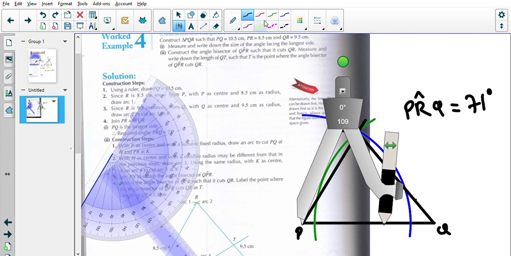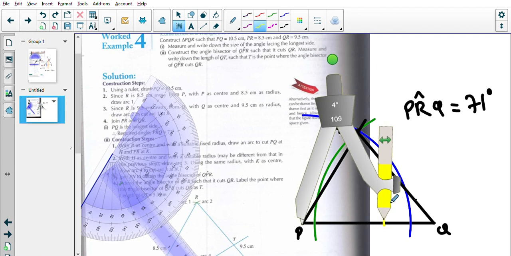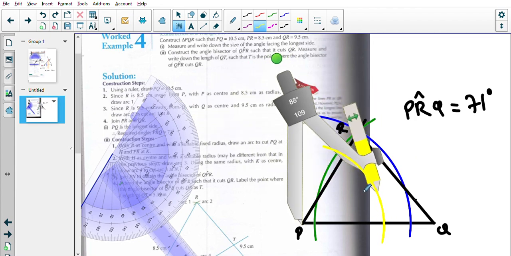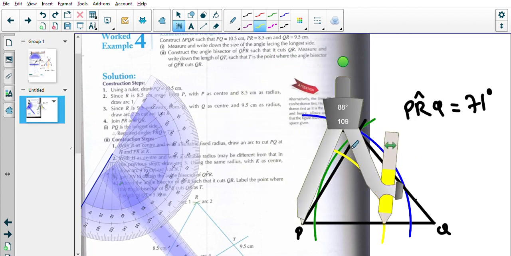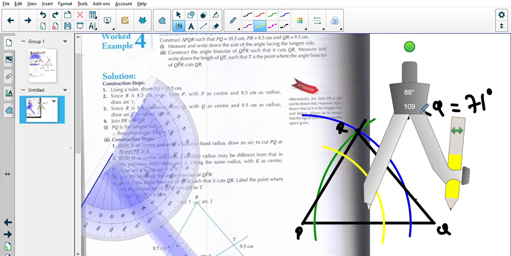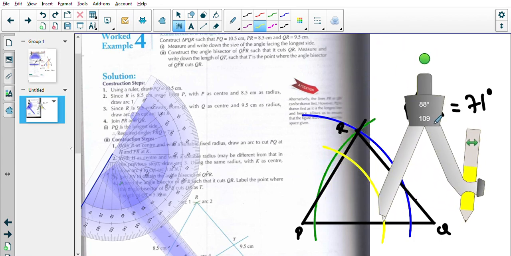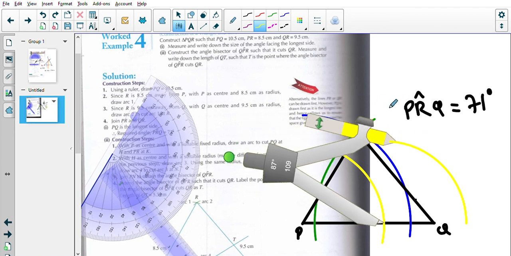I will use the yellow color to differentiate this arc from the others. And then you put your needle on the intersection with PQ here, and draw again without changing the arm's length. Okay, now we get this one.